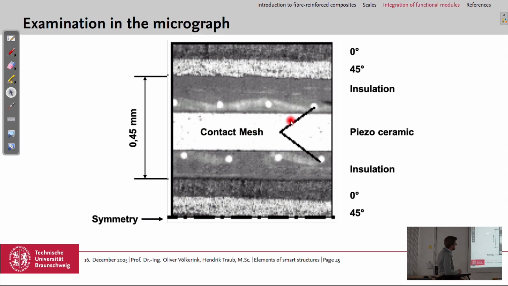We have here the piezo ceramic in the middle. Here is the contact mesh we apply to contact the electrodes, and the insulation, also with the thermoset resin of the functional module. And then we have a symmetry here, so the same on the other side.